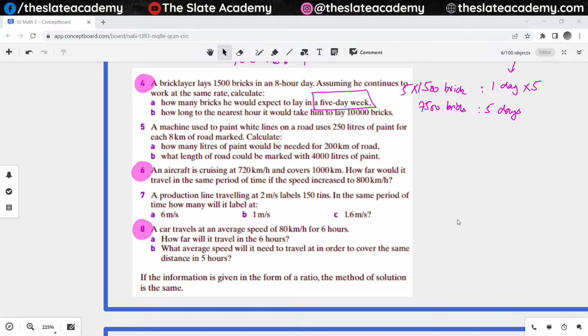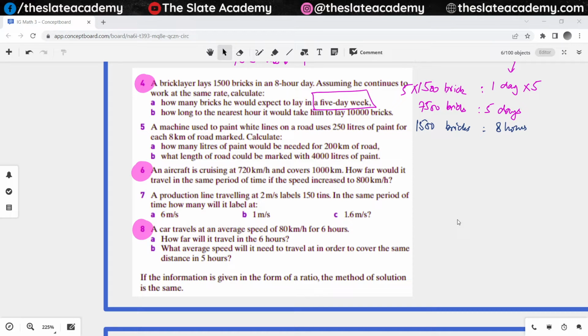So for part B, what I'll have to do is I have the ratio 1500 bricks to 8 hours.